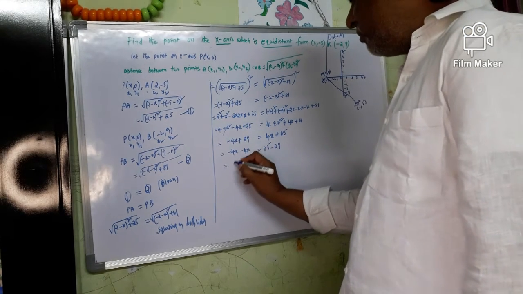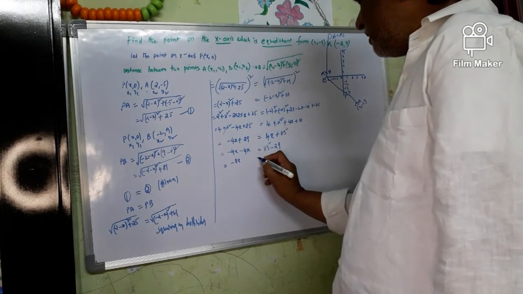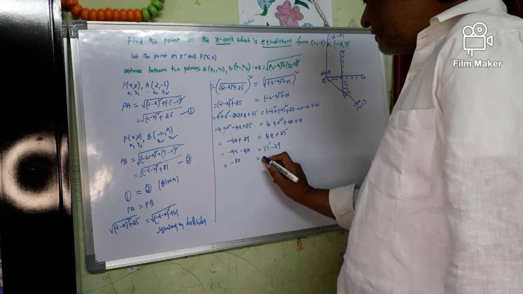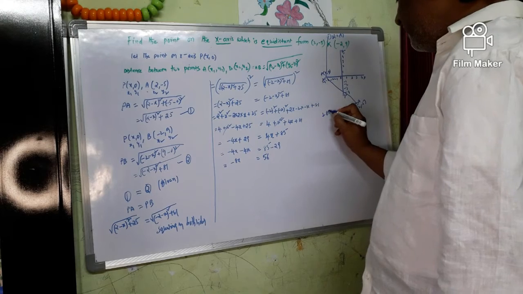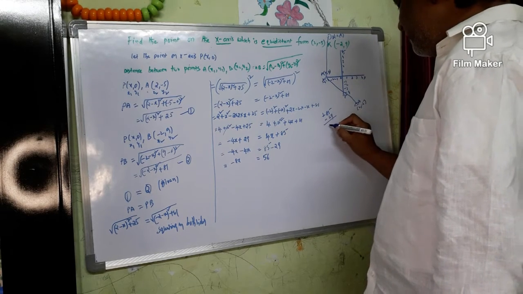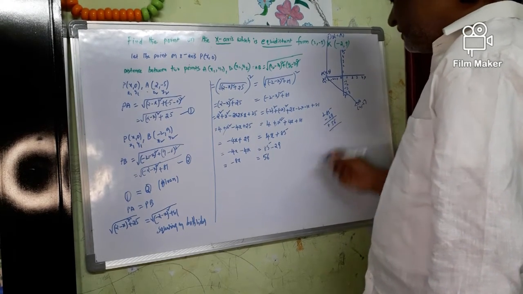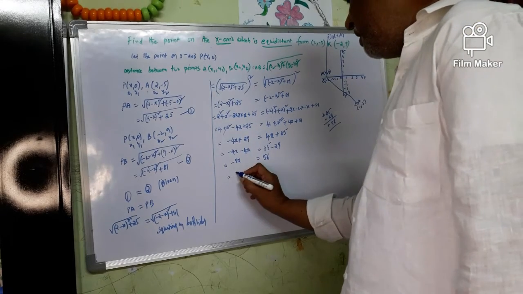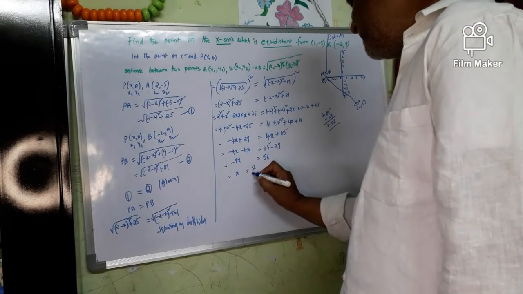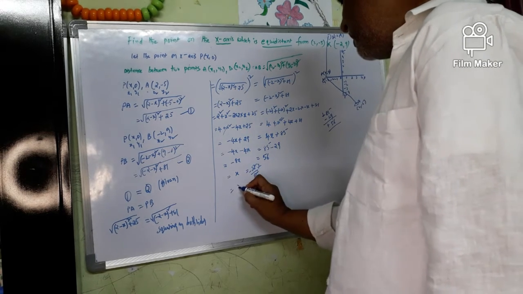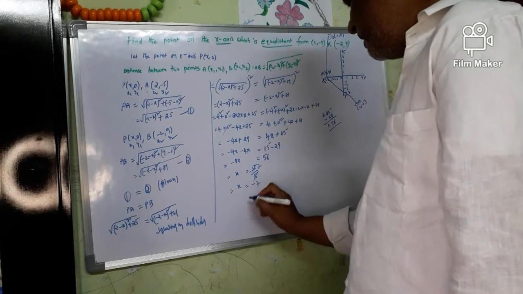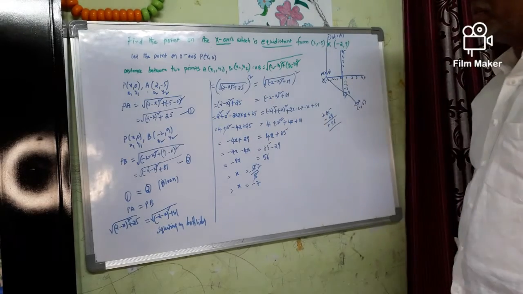So we get minus 8x equals 85 minus 29, which is 56. So x is equal to 56 by 8, which is 7 times, so x is equal to minus 7.